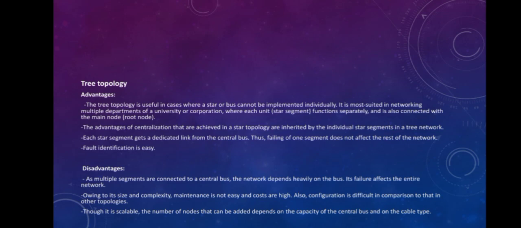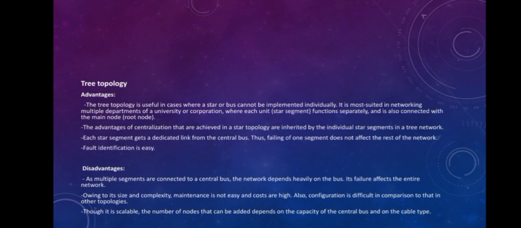The advantages of centralization achieved in a star topology are inherited by the individual star segments in a tree network. Each star segment gets a dedicated link from the central bus. Thus, failure of one segment does not affect the rest of the network.